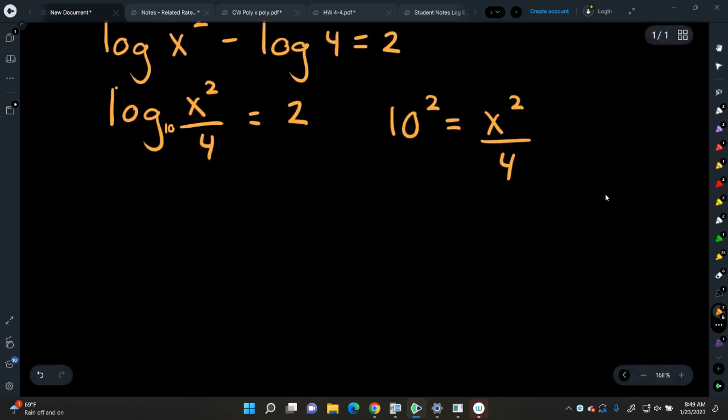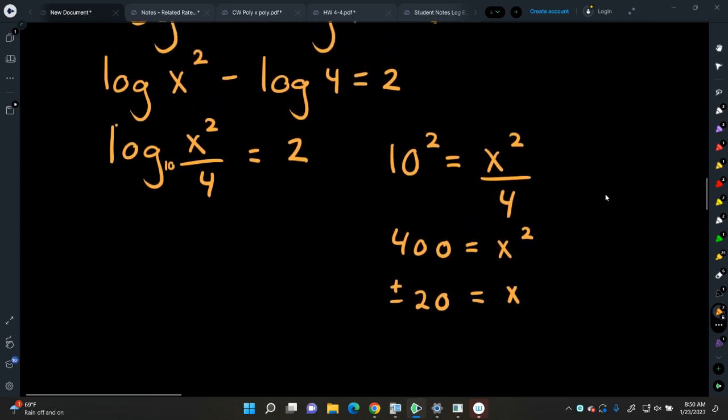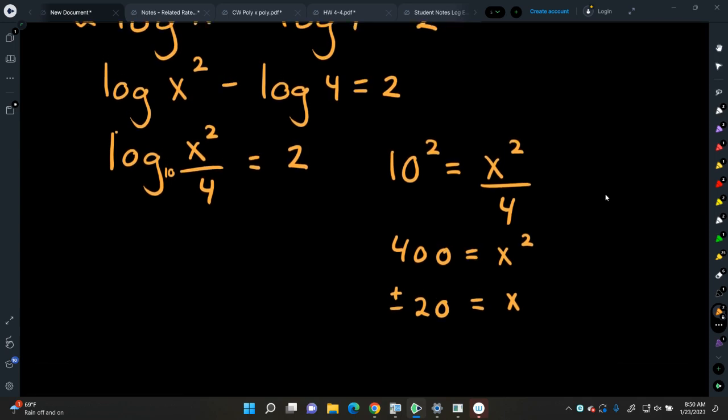Then would you times it by 4? Mm-hmm. So we get 400 equals x squared. Square root of 400 is plus or minus 20. Where'd you get this squared over the 10? Because this is the base, so it's going to be 10 to the second power.